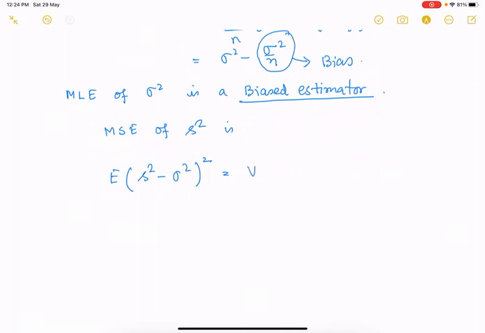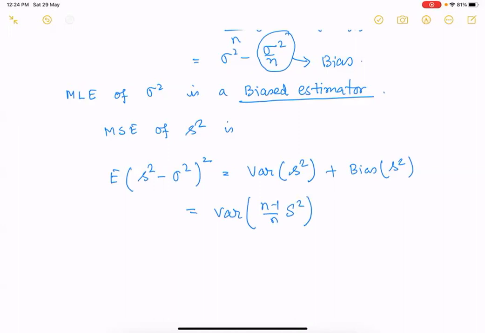So we can write it as the variance of small s square plus the bias of small s square, squared.